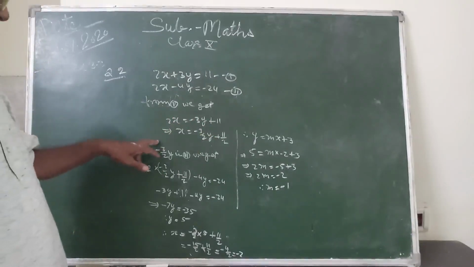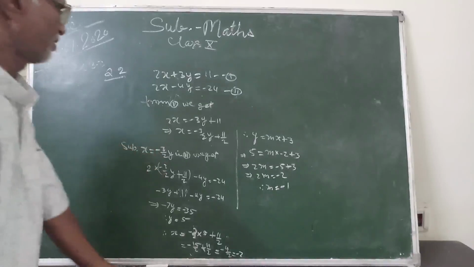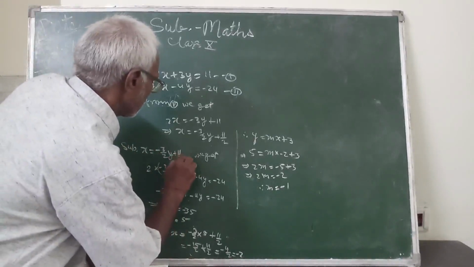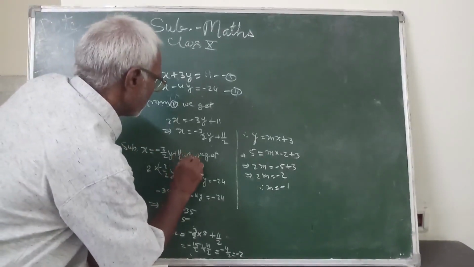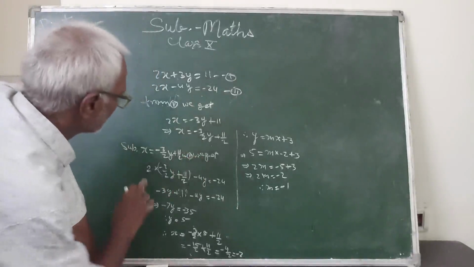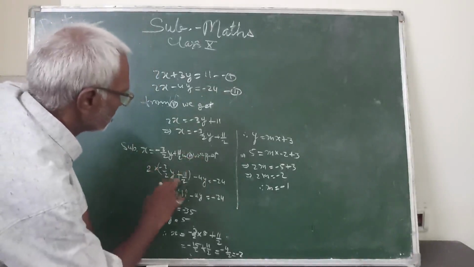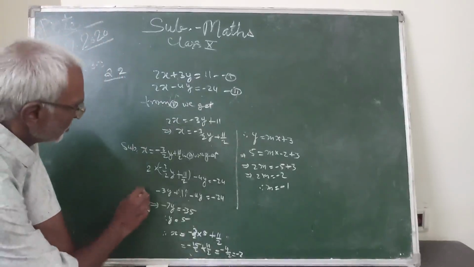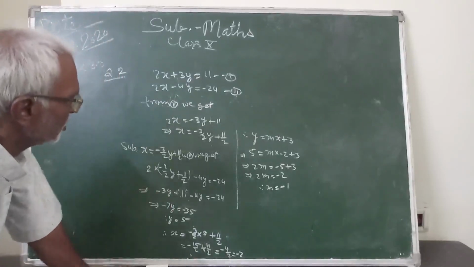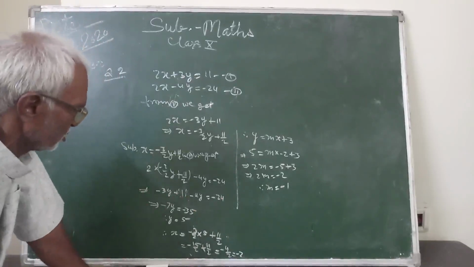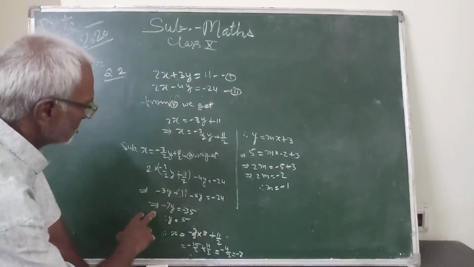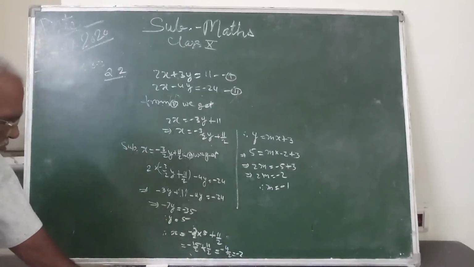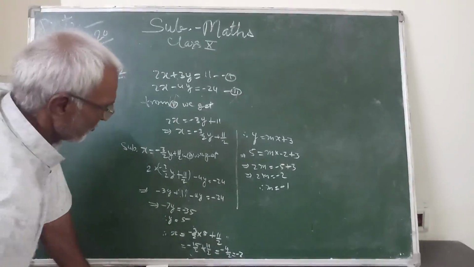Substituting this in the second we get 2 into (minus 3 by 2 y plus 11 by 2) minus 4y is equal to minus 24, which implies minus 3y plus 11 minus 4y is equal to minus 24, by which minus 7y is equal to minus 35, so y is equal to 5.